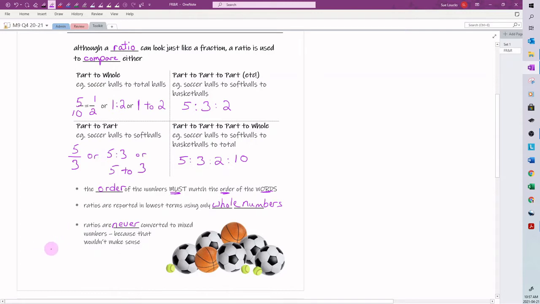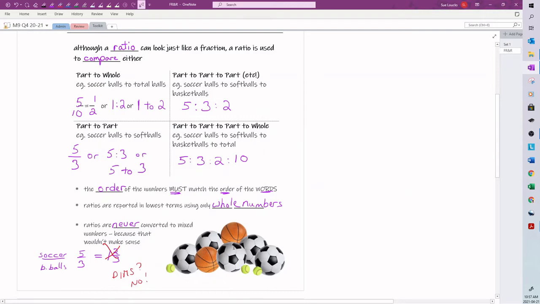If I were comparing soccer balls to basketballs, I could say that the ratio's 5:3, but I'm not going to say that it's 1 2/3, because does that make sense? No, that doesn't make sense. I can't have a ratio of 1 2/3. 1 2/3 is a single number, whereas if I have a ratio of 5:3, that makes sense. I've got 5 of one and 3 of the other. Okay, so we never convert ratios to mixed numbers.